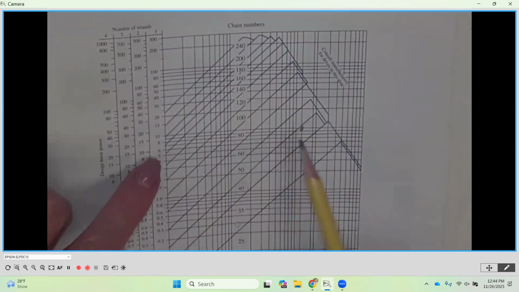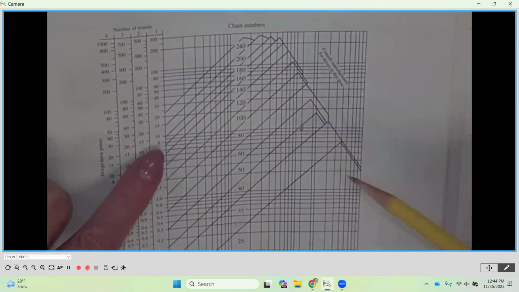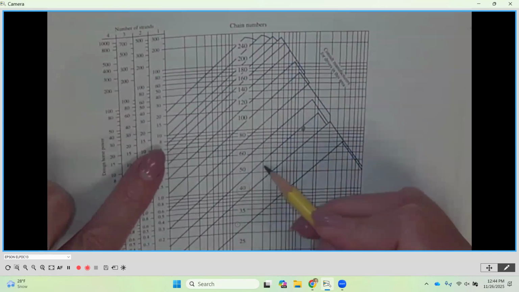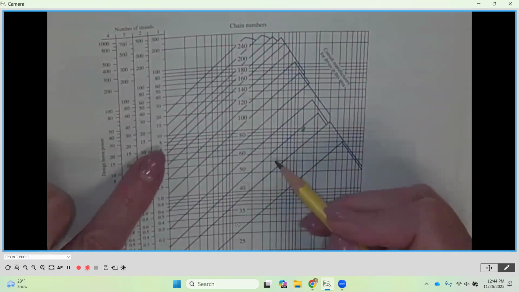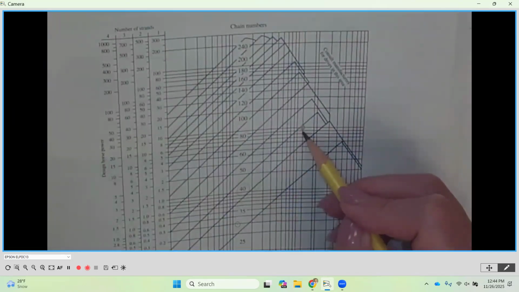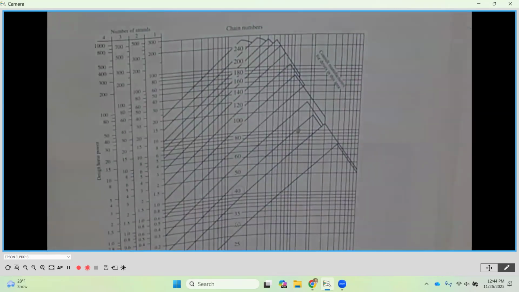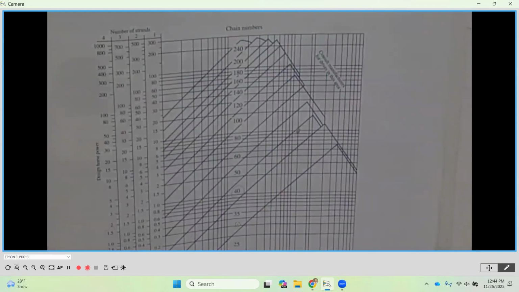So all we want to do is find where 1200 and 10 come together, and you're going to notice that it's in the zone of 40. This is number 40 chain. Now, as for the placement of that, I personally would probably go to number 50 chain, only because it's close to going up.